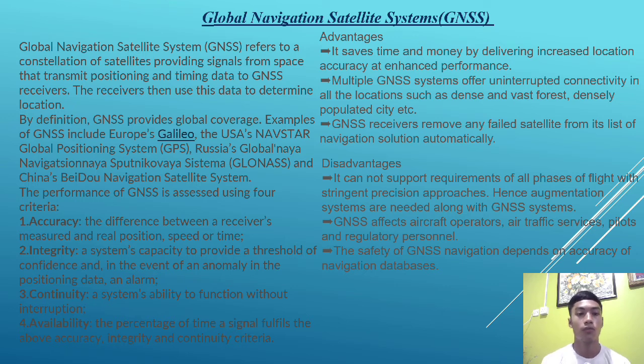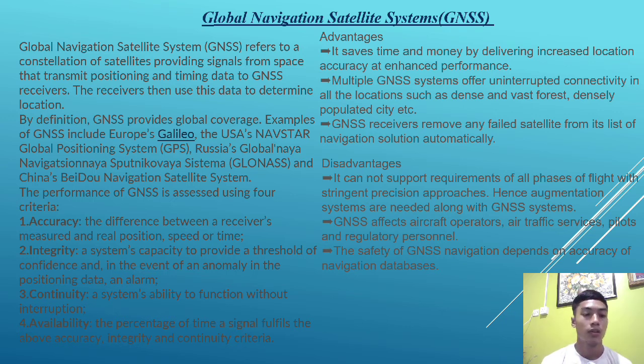The performance of GNSS is assessed using four criteria. 1. Accuracy. The difference between a receiver measure and real position, speed or time. Number 2. Integrity. A system's capacity to provide a threshold of confidence and, in the event of an anomaly in the positioning data, an alarm.